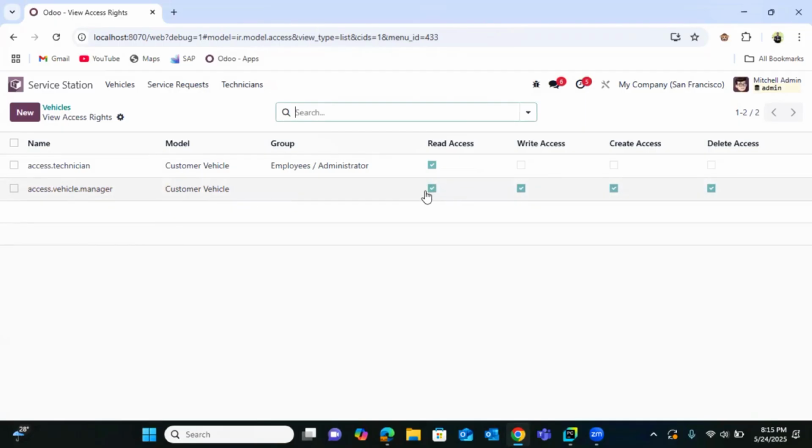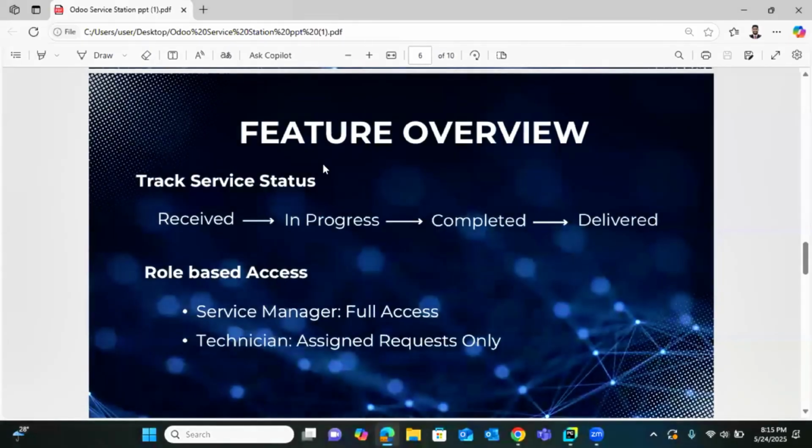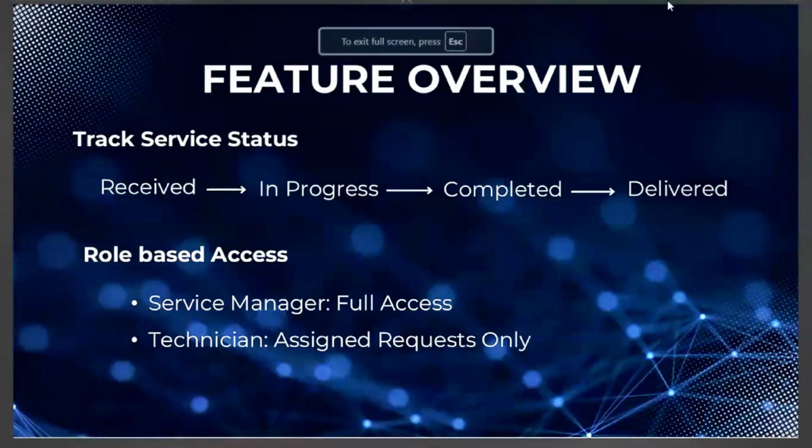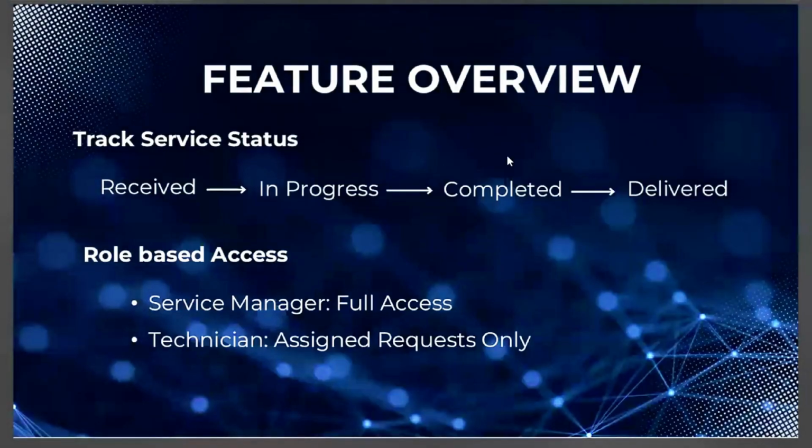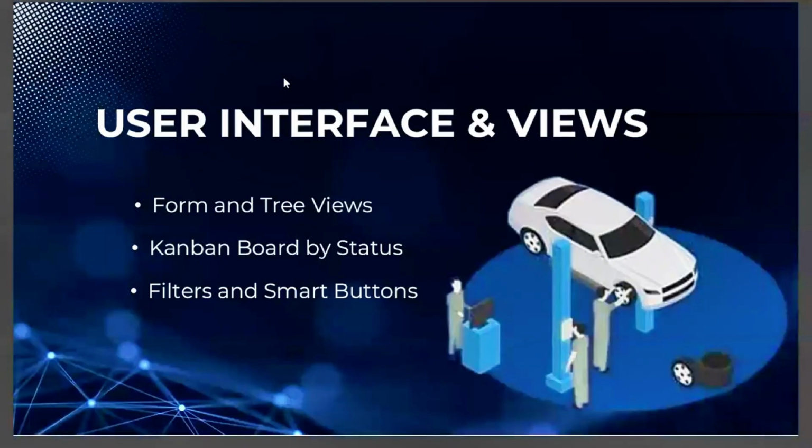The vehicle manager has read access, write access, create access, and delete access. But the technician has only the read access. So from here we can control our role based access. We have created our role based access. To continue the presentation from here, I'll invite one of my colleagues. Thank you.